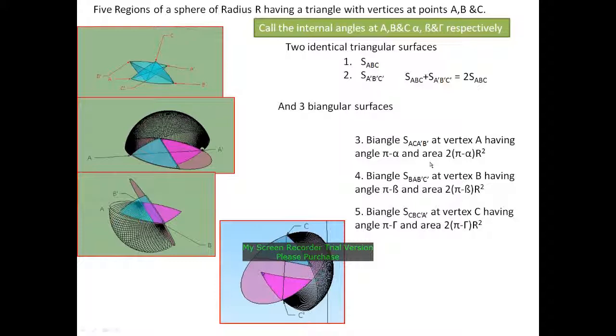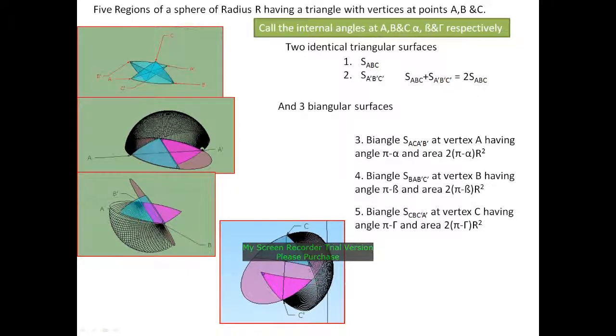A little bit inconsistent because of different softwares. But anyway, then there's the part 4, the biangle at B, which goes B, A, B prime, C prime. Those points define that biangle. It has angle pi minus beta, pi minus the internal angle at B, and an area given by 2 times pi minus beta times r squared.